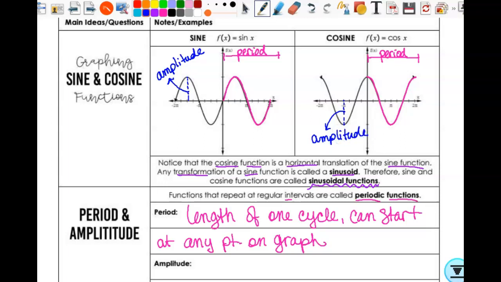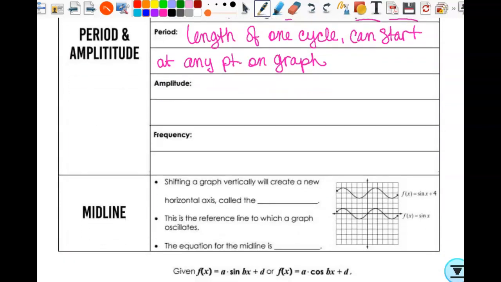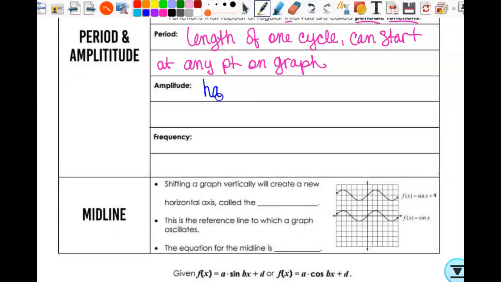Okay, we can think of it as a few different ways, but I'm going to give you the actual definition of it. So it is half the distance between max and min values.